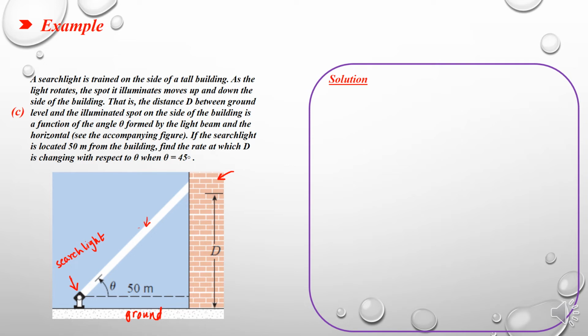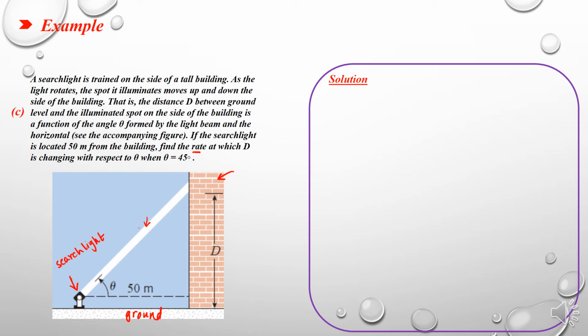On the side of the building is a function of the angle theta formed by the light beam and the horizontal. See the accompanying figure. If the searchlight is located 50 meters from the building, find the rate at which d is changing with respect to theta. As you know, rate of change means the first derivative.